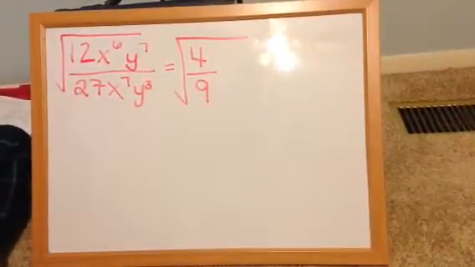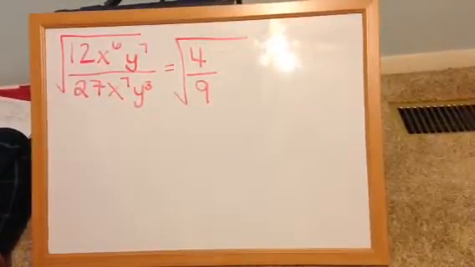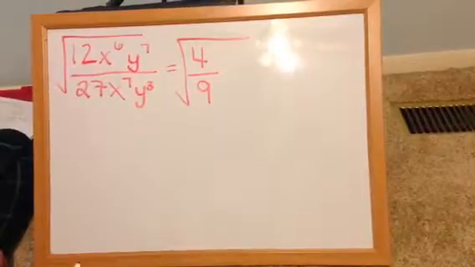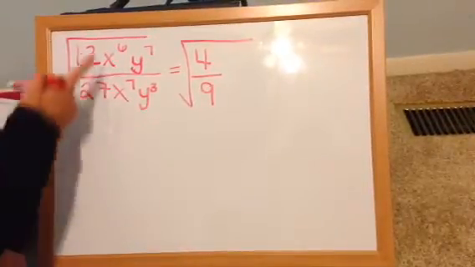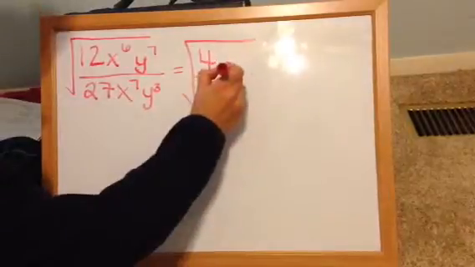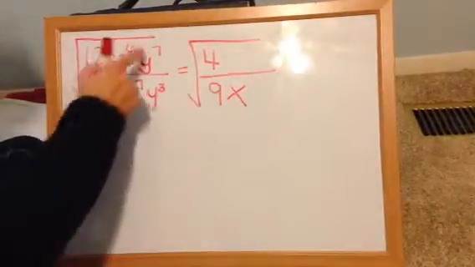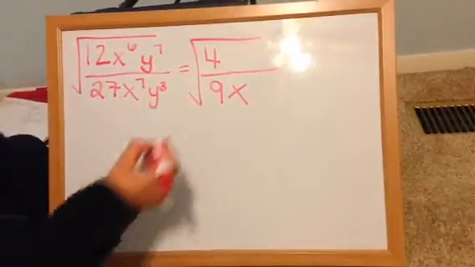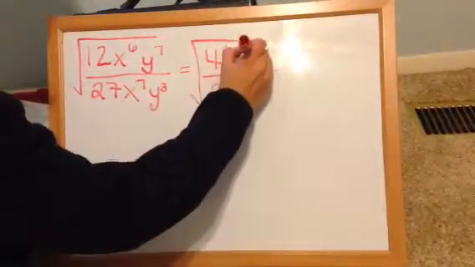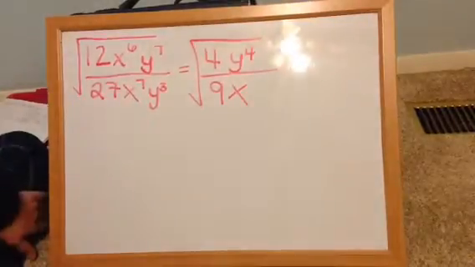So I have reduced that fraction. And x to the 6 over x to the 7th leaves me with 1x in the basement. And y to the 7th over y cubed leaves me with a y to the 4th in the top here.